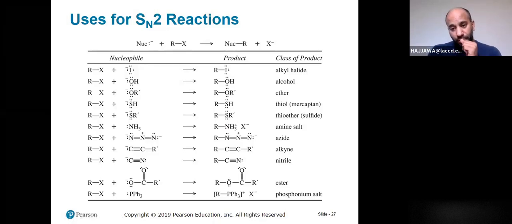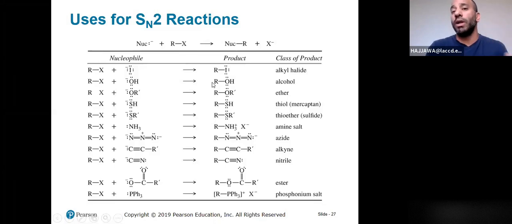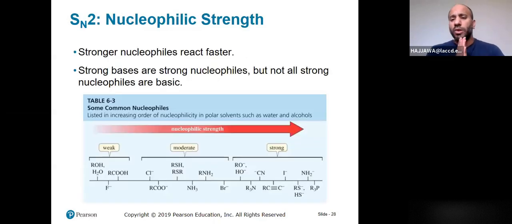So this basically gives us a hint of how useful the SN2 reaction is when it comes to organic synthesis.